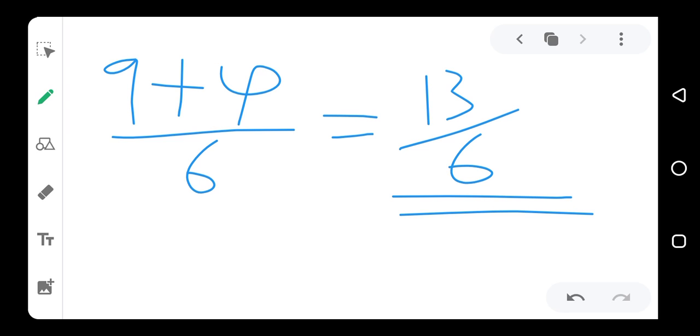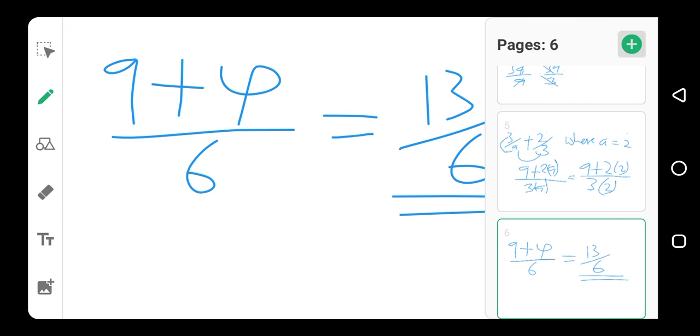So this is how to do addition of fractions. Now your assignment.